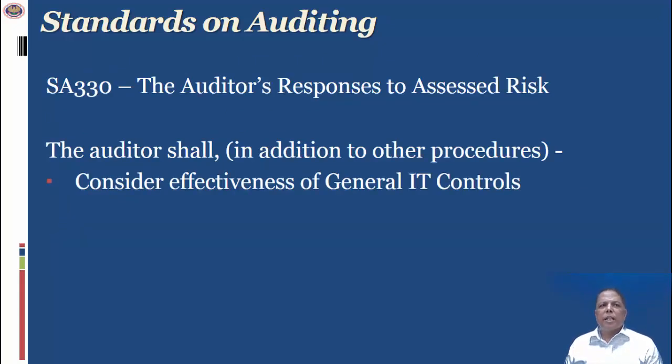Further, SA 330, auditor's response to the assessed risk. So, based on what you have understood in SA 315, you have to consider the effectiveness of IT general controls to plan other procedures. So you need to respond to the risks you have identified in SA 315.